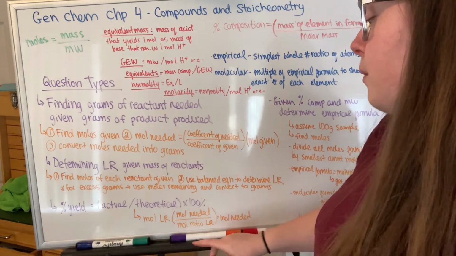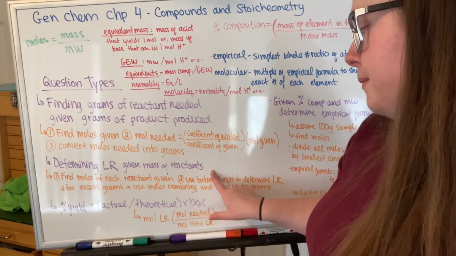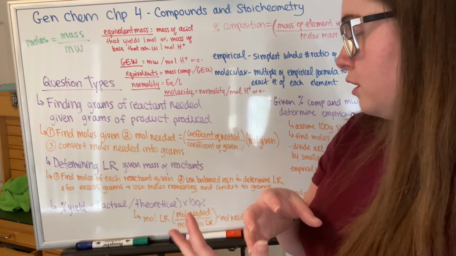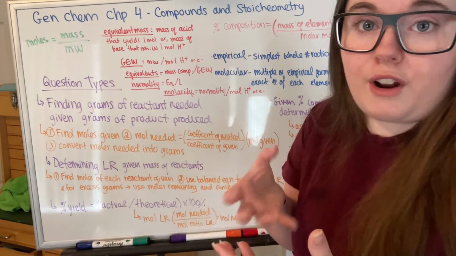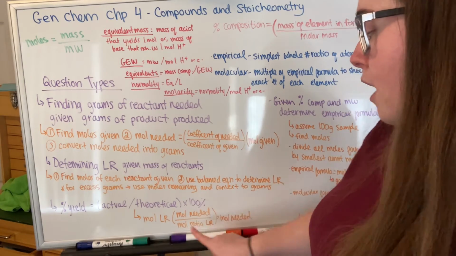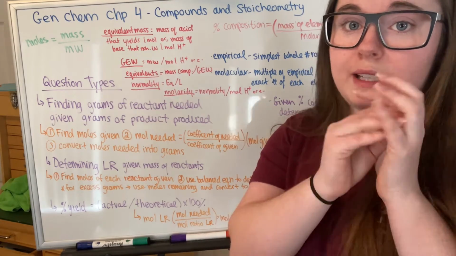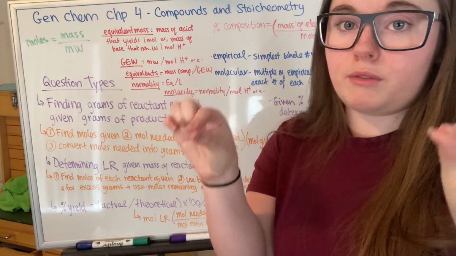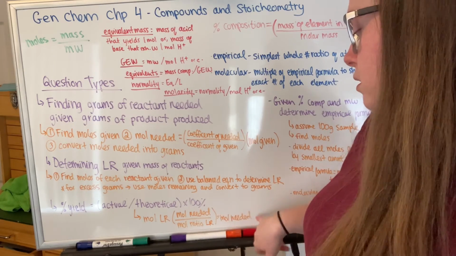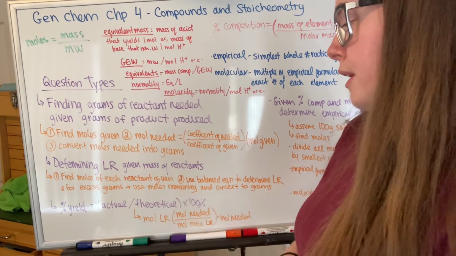So it's the moles of the limiting reagent that you find up here times the moles of whatever you're trying to find the theoretical value of, divided by the coefficient of the limiting reagent in the balanced chemical formula. That equals the moles needed, and that would be your theoretical yield.